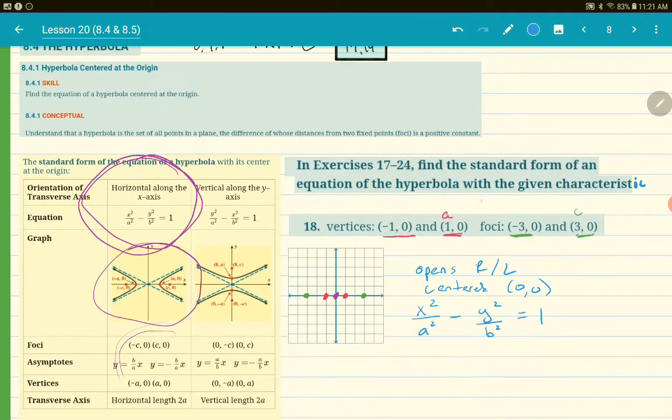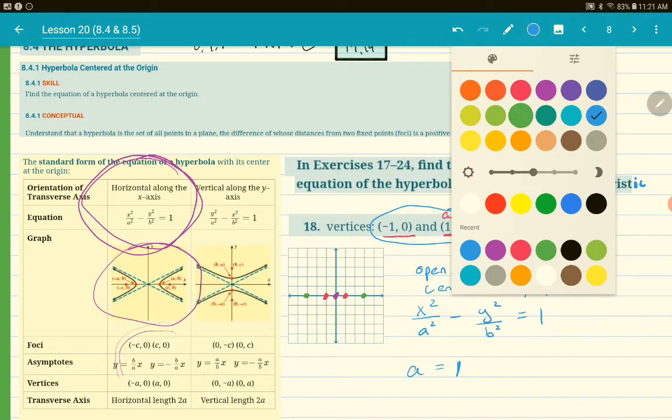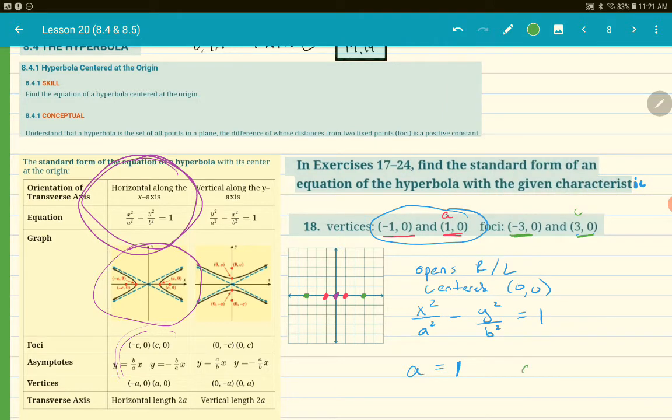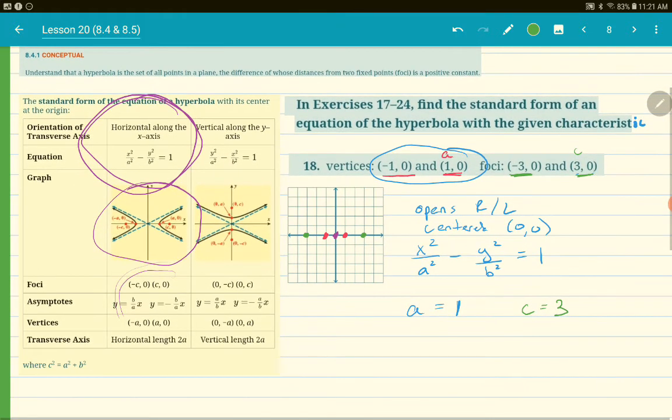And I can see A right here. A is defined by the, I'm sorry, the vertex. So A is 1. And I don't have B, but I have C, right? C I can find from the focus. So C is 3. So to get B, we use this relationship.